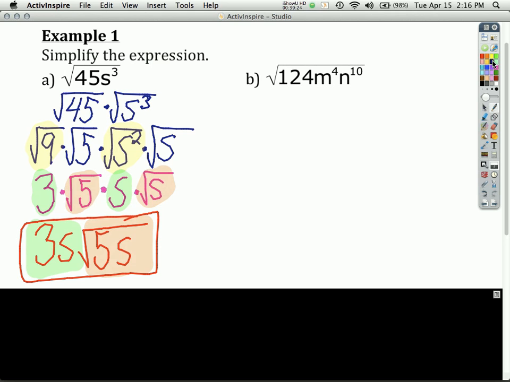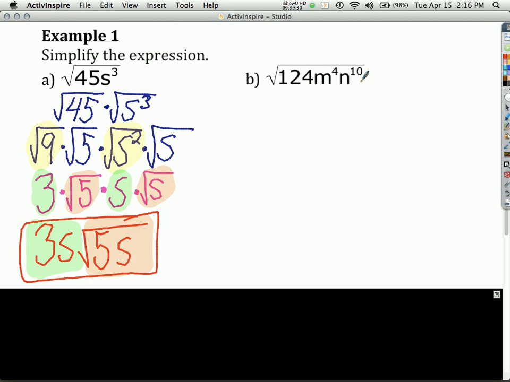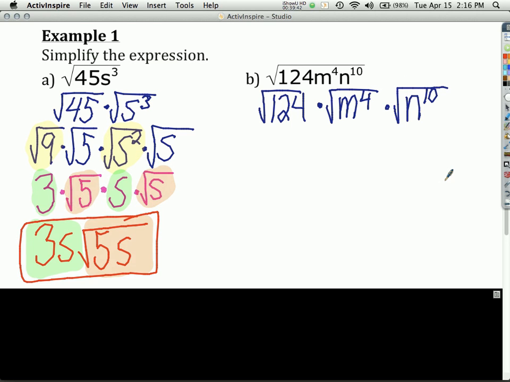Some of you guys might be there already, but I don't think most of us are. So I'm going to separate each of these into factors. So, radical 124 times radical m to the 4th times radical n to the 10th.